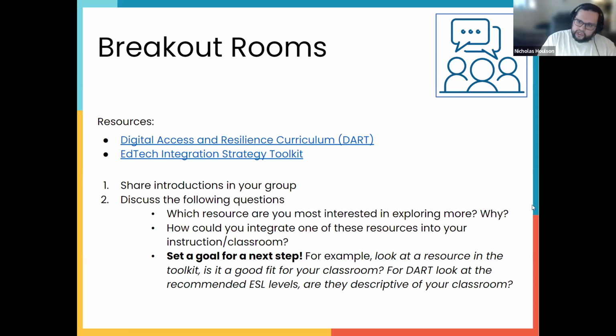Please look in the chat for a handout, but these questions will also be on screen for your breakout room. So go ahead, Gail, sort the audience into breakout rooms. We'll take about 5 minutes, and I look forward to hearing what you come up with.